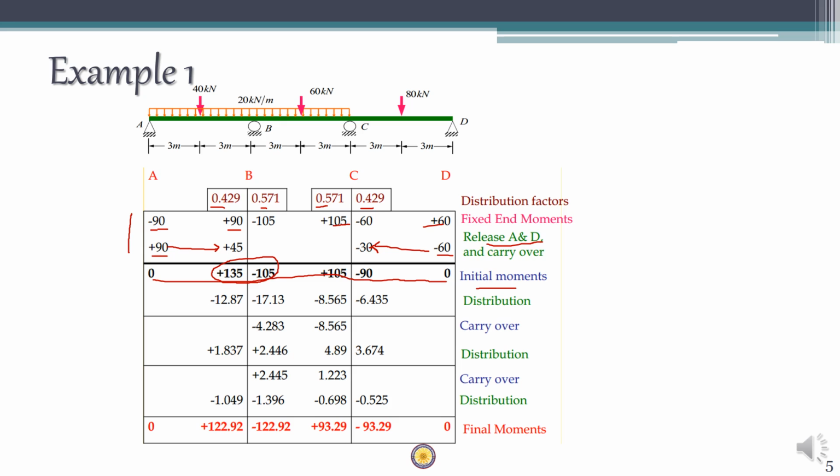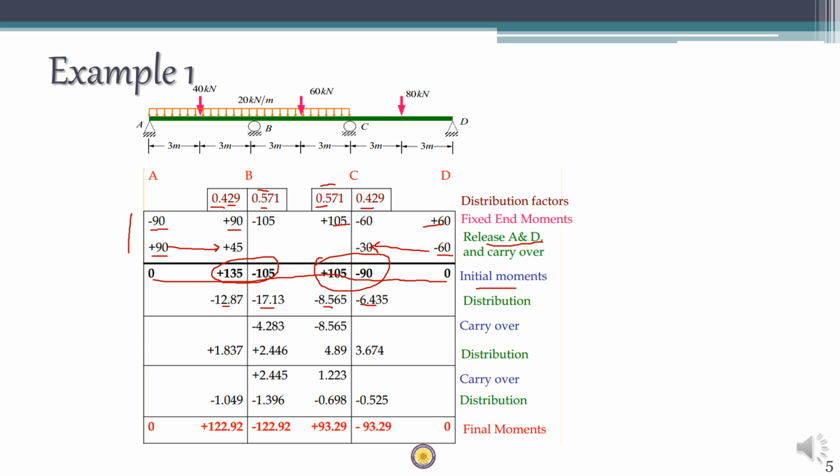In order to balance it, we apply minus 30 multiplied by 0.429 here, and minus 30 multiplied by 0.571 here. Similarly, at this point there is an unbalanced moment of plus 15, so we apply minus 15 multiplied by 0.571 here and minus 15 multiplied by 0.429 here.